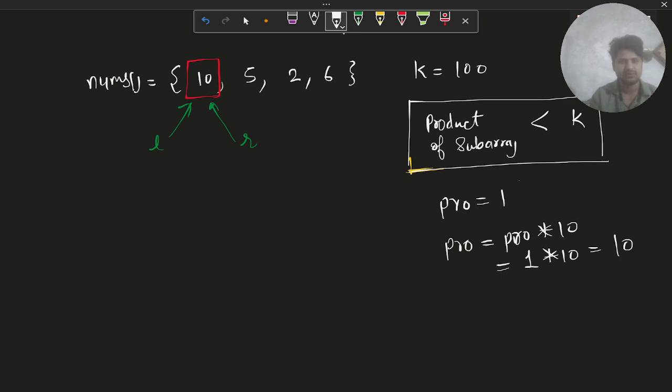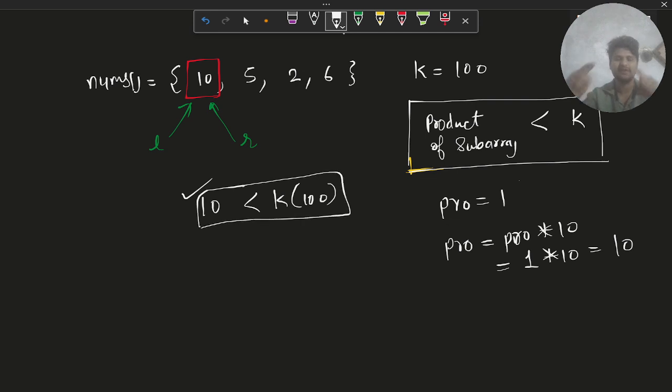We treat this current window as a subarray. That subarray has a product of 10, and I compare it with k, and my k is 100. As you can see, this condition is satisfied, so this window can become our answer.